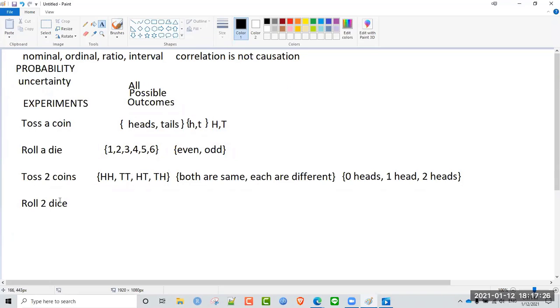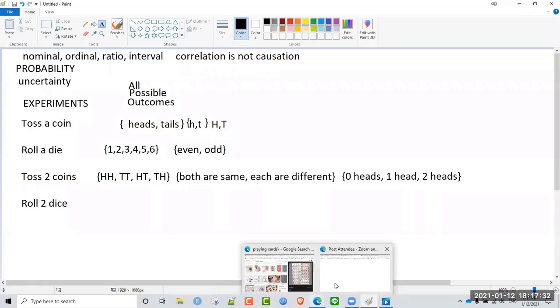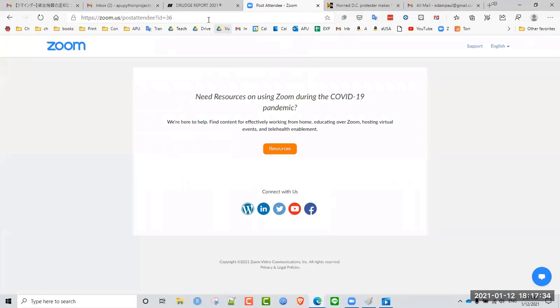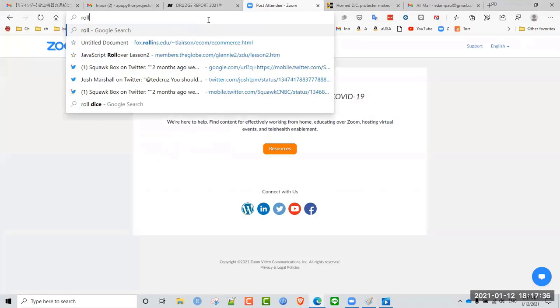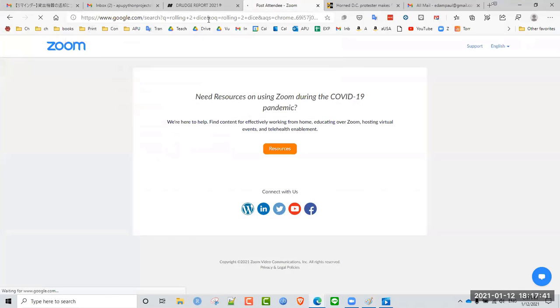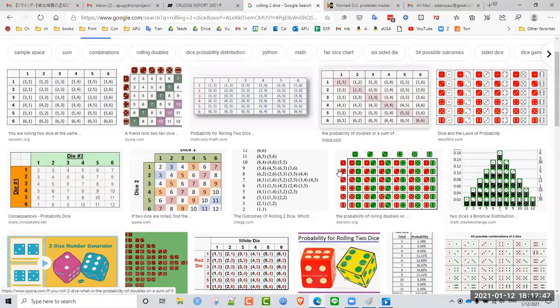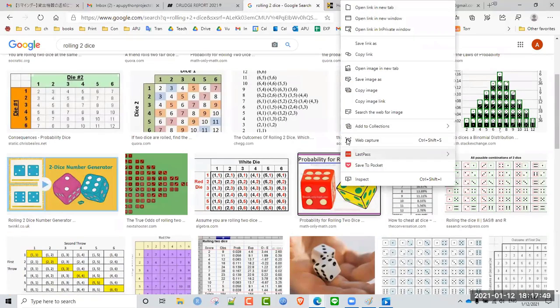And then this one, rolling a die. Let me go to here. And let me go to rolling 2 dice. Let's get a picture. So rolling 2 dice here.